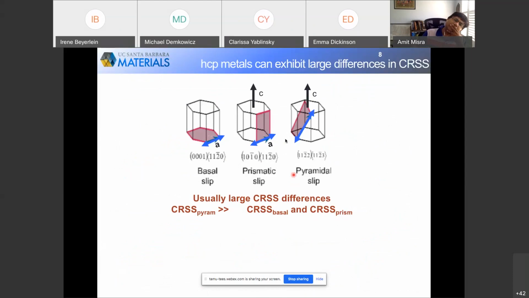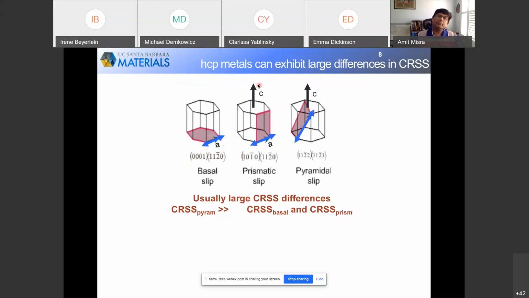It can be explained qualitatively by their atomic structure. If we go back and look at this hexagonal close packed structure, you can see that the basal plane, which is this high atomic density plane, is the easy glide system for most HCP metals, and its slip direction, or Burgers vector, lies in plane, so it can accommodate any deformation of this crystal along that direction.